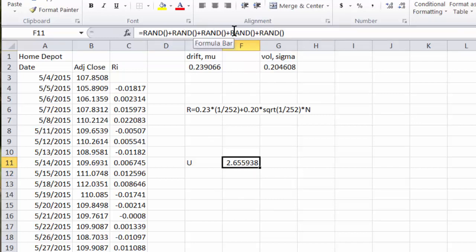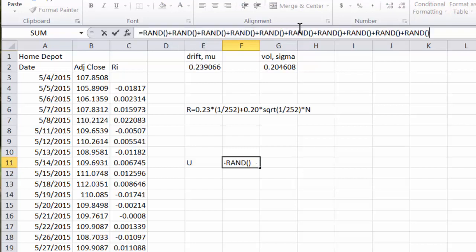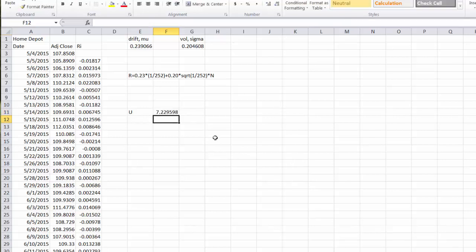So now I've got 5 of these things, there's 10 of these things, there's 12 uniform distribution numbers. Now each one of these, since they are picking a number between 0 and 1, has an expected value of a half. So I add up 12 of them, and my expected answer is 6.